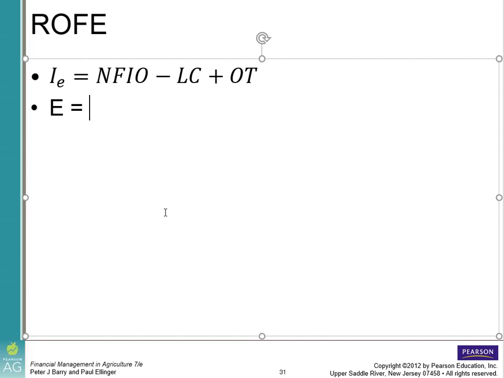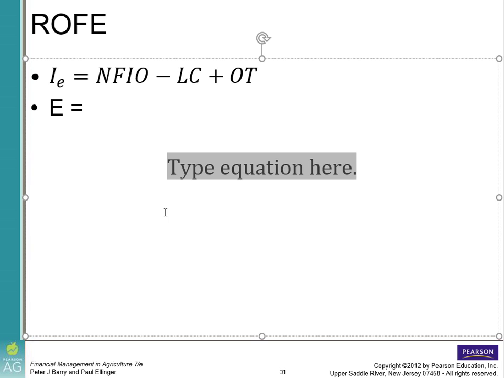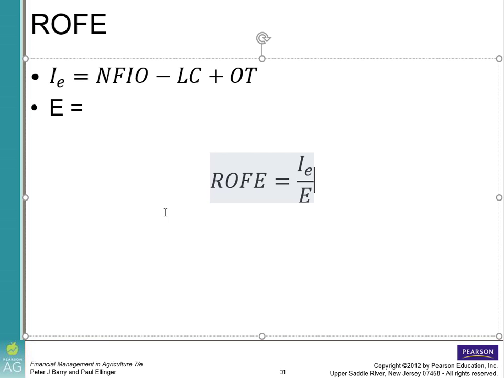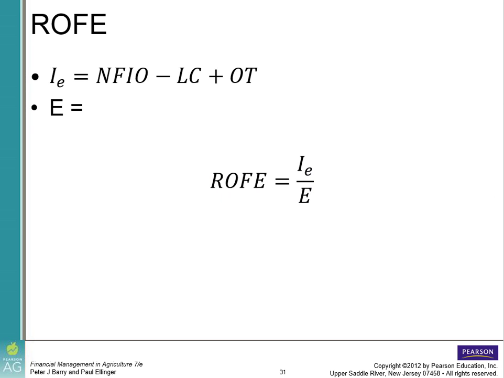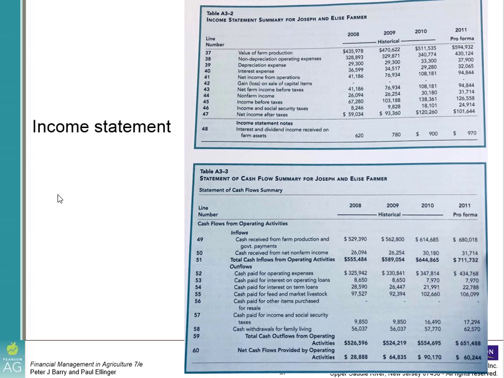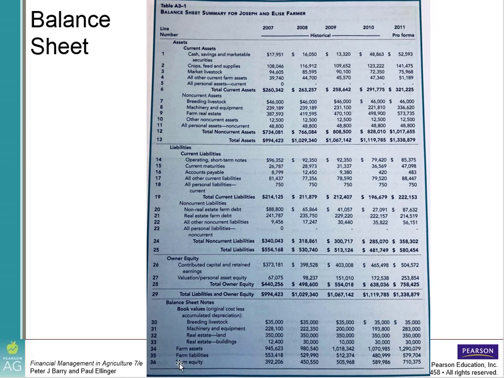Okay, so once you get those two things, then you simply have ROFE equal to IE over E. Okay, if I were to then take you back right here, let's first find out what E is, that is capital E. So take a look at this balance sheet again.